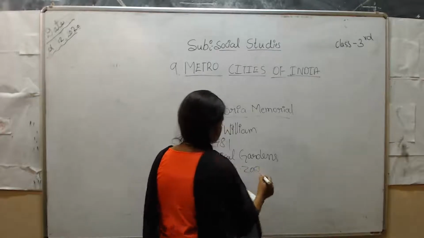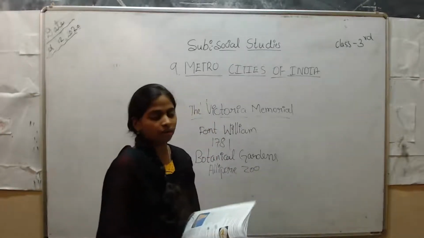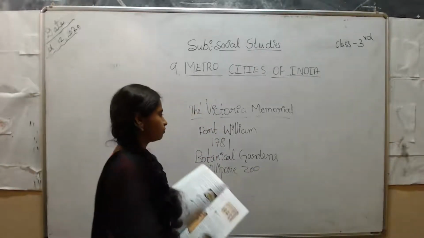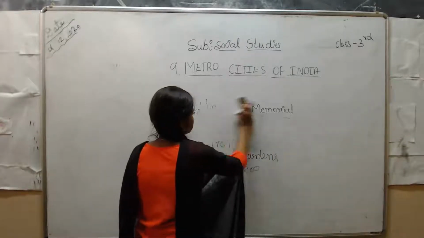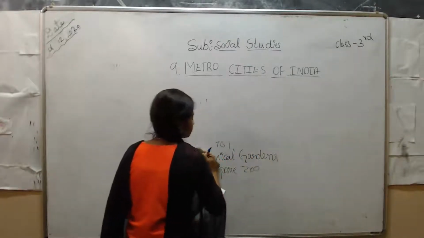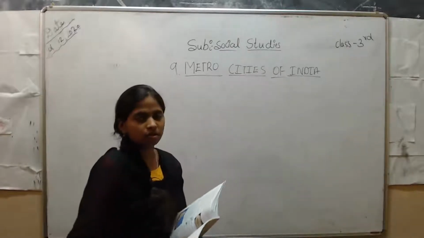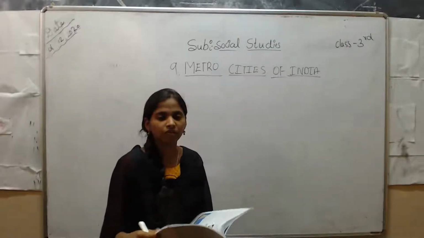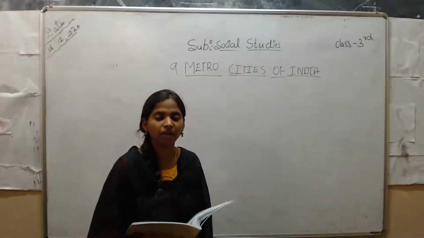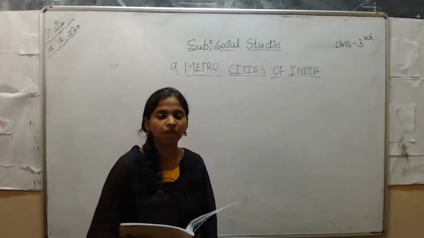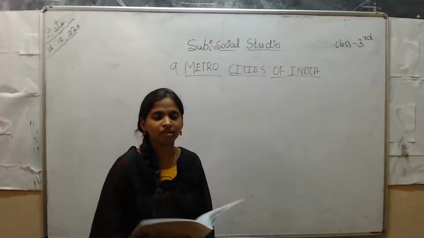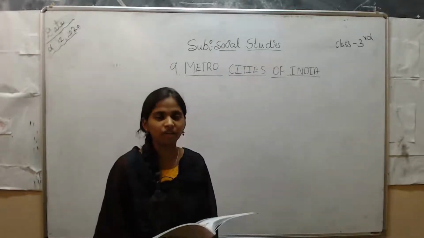This Alipore Zoo is famous for migratory birds. What do you mean by migratory birds? I told you in your previous class. Yes, friends, migratory birds are the birds which move from one place to another place.